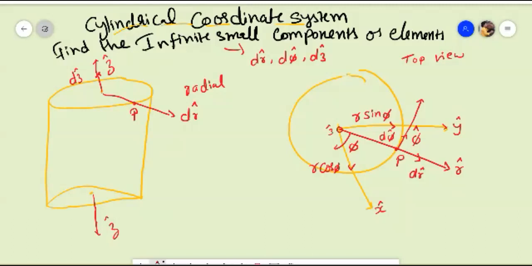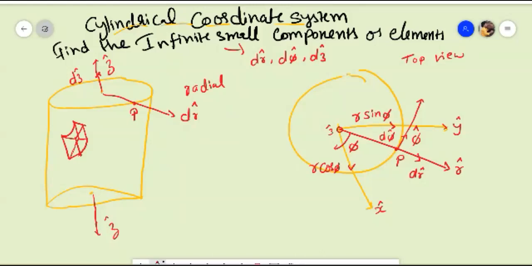Now let us take a small portion of the cylinder. Let us cut down a small portion of the cylinder, and that portion will be like this. If we draw it, this will be our portion of the cylinder if we cut it out.